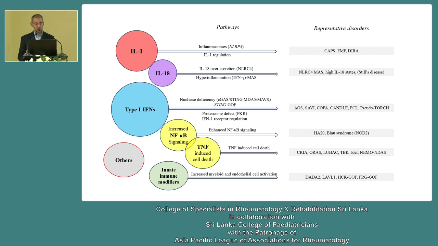It also shows the pathways, for instance interleukin 1, mainly inflammasome, and the best examples, as I said, FMF and CAPS. For type 1 interferon, you will find many diseases like SAVI and other diseases. For tumor necrosis factor, you may consider also other diseases like autoimmune, although these are very rare entities.